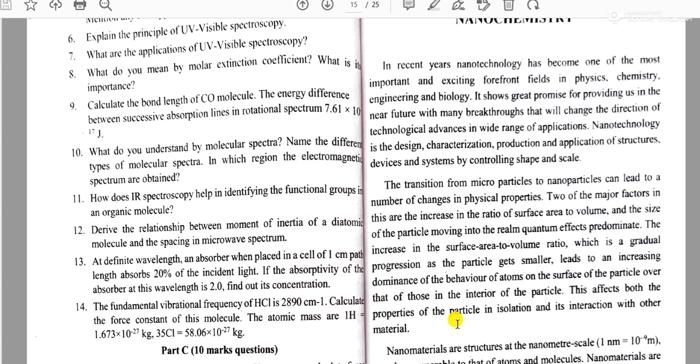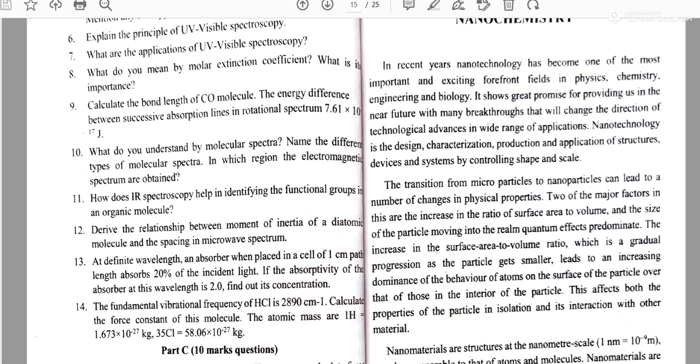Other materials may be a bulk material, a polymer material, or the same nanoparticle itself, any material which we mix the nanoparticle with. So both the interaction as well as the properties inherent in the nanomaterial will be influenced when this surface to volume ratio is changed.